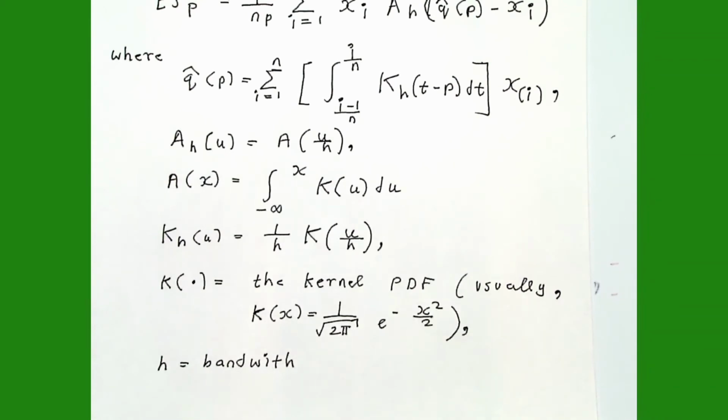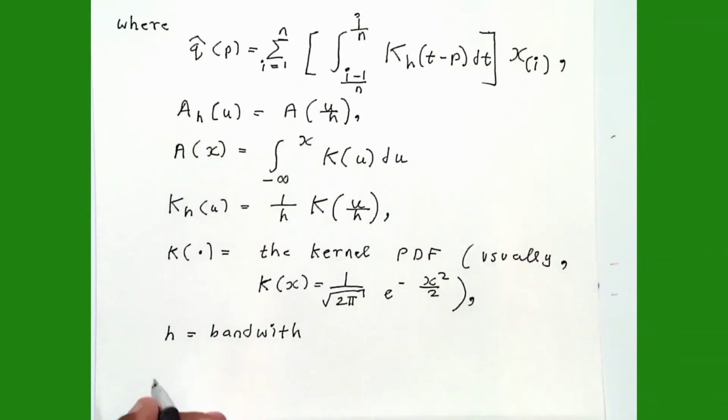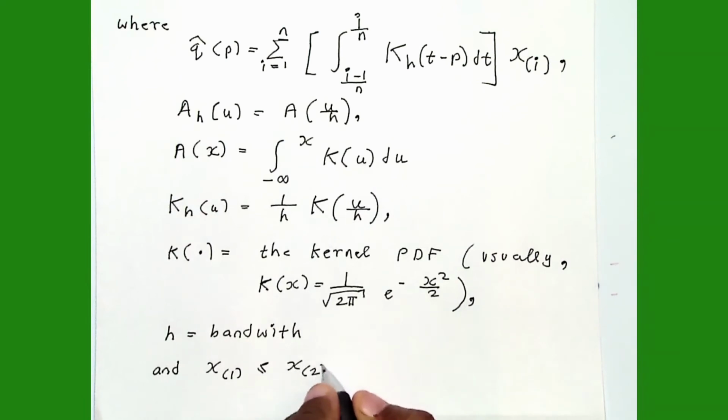So for larger values of h, the estimator will be more smooth, and for smaller values it will be less smooth. And finally, these are the losses arranged in increasing order.